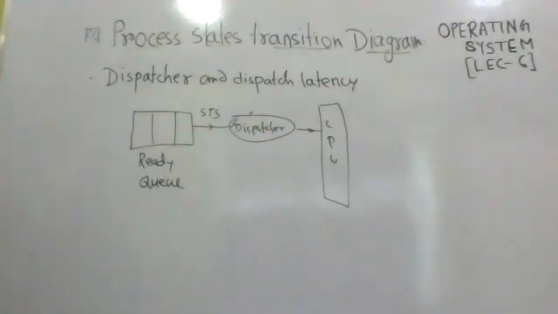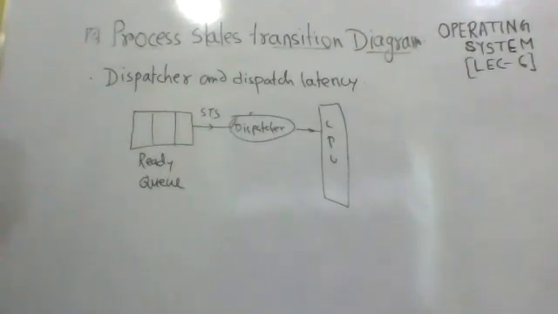As we already said, which process will be picked is decided by the short-term scheduler, and then the short-term scheduler will call the dispatcher, and the dispatcher will pick the process from the ready state and put it into the CPU.